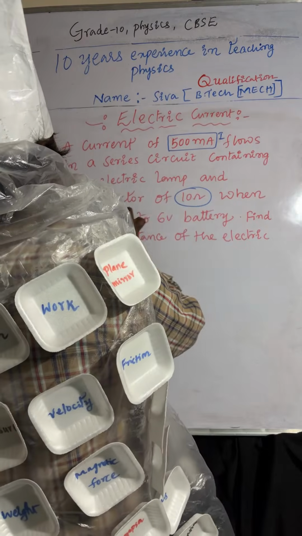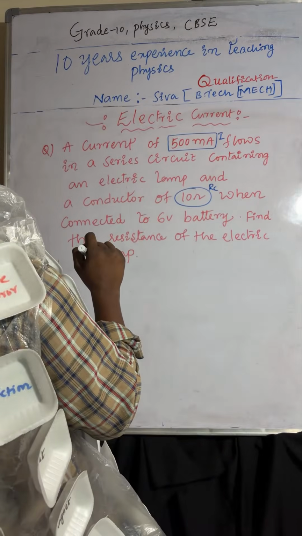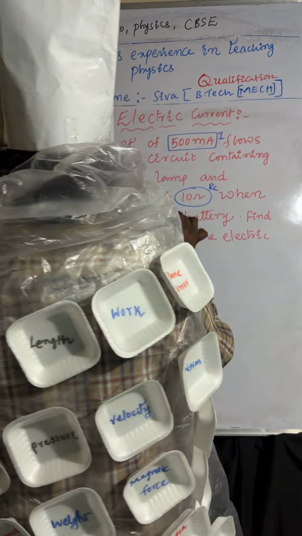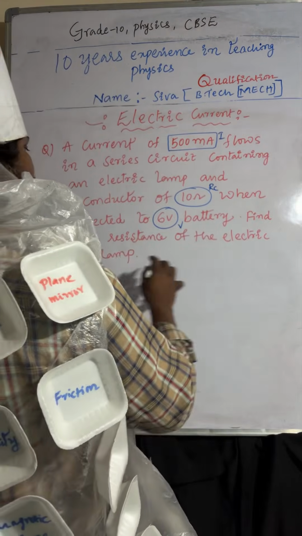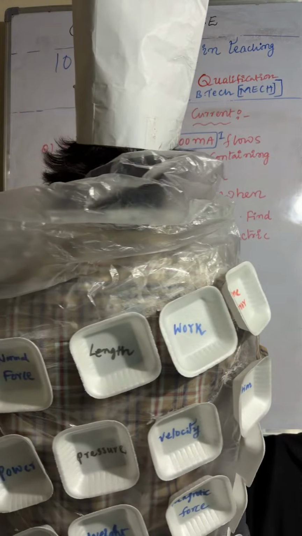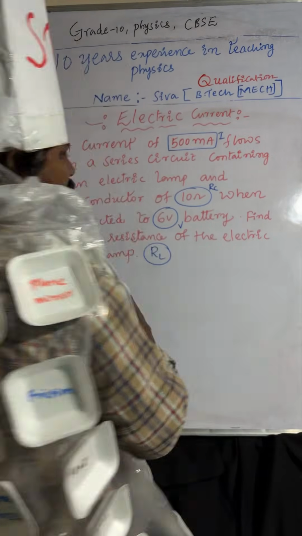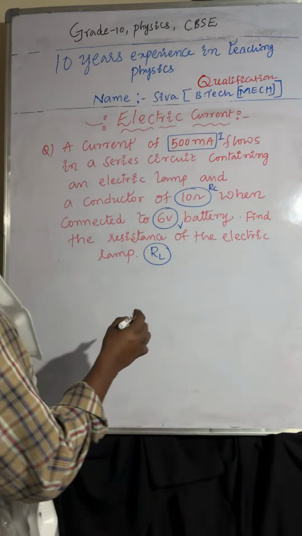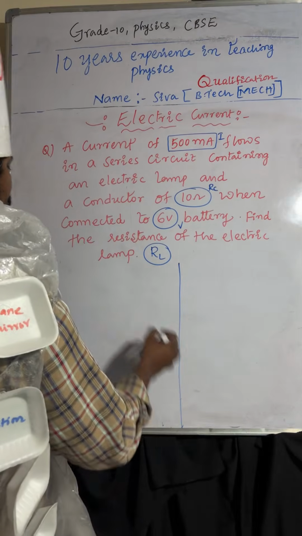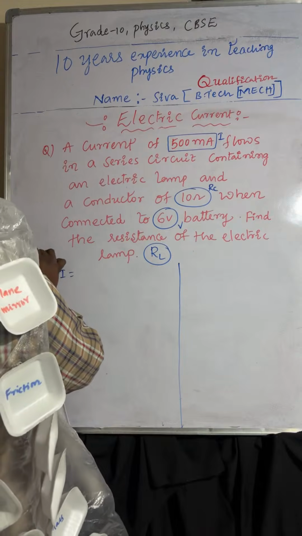So an electrical lamp and a conductor. The resistance of the conductor is given. Here the potential difference V is given. Now the resistance of the electrical lamp, RL, we have to find out. That is the question, right? So first write the given data.